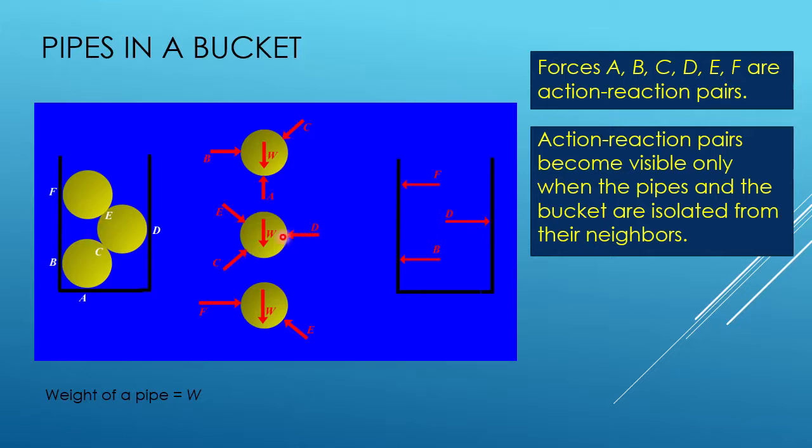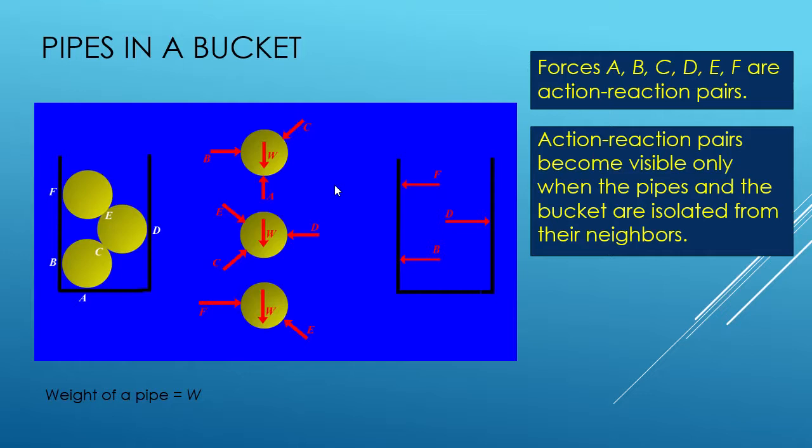Wall pushing the object to the left, object pushing the wall to the right. Similarly, this F and that F are action-reaction pairs. The wall is pushing the object to the right, the object is pushing the bucket to the left.